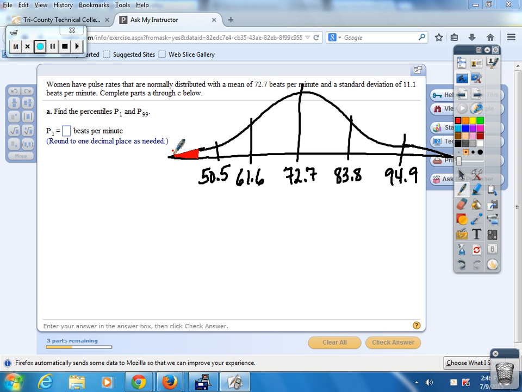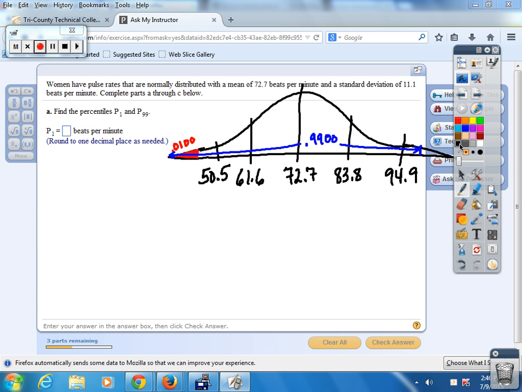So 0.0100. And then the 99th percentile would be right here, meaning that all of this area right here is 0.9900, from there to there. So they want to find those numbers.